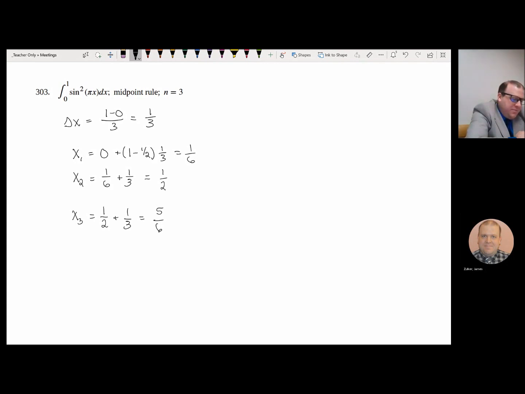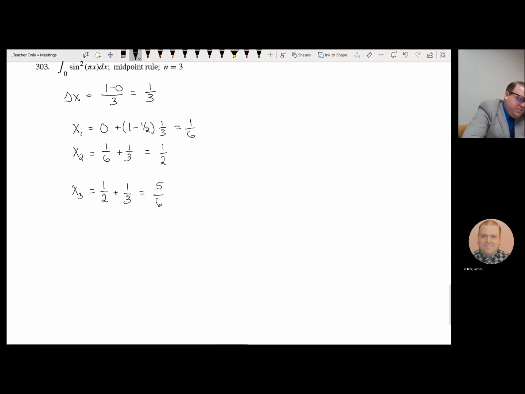I don't have to worry about doing that for x2 and x3 because if I just add delta x to the first midpoint, I get the second midpoint, right? Because the interval length is delta x. But this would be 0 plus 2 minus a half times a third, right? So those are the 3 points that we need.